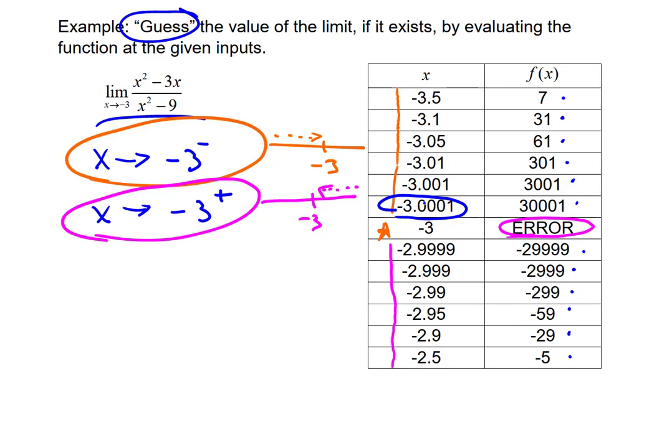What if I had gone out even more precisely, like -3.00001, or you name it? I mean, you can keep going as precise as the calculator will let you. But you can expect that these values would probably continue to increase, and you can verify that until you're confident enough. So we're going to go ahead and guess that these values are approaching positive infinity as we approach -3 from the left.